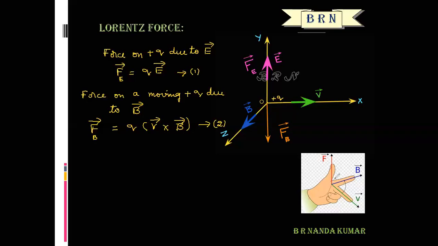Stretch out the first three fingers of the left hand in three mutually perpendicular directions. The forefinger points in the direction of the magnetic field, the middle finger points in the direction of motion of the charged particle, and the thumb points in the direction of the Lorentz magnetic force.